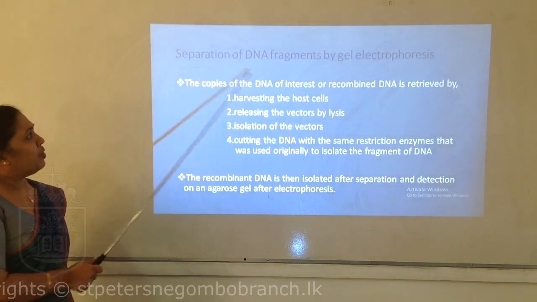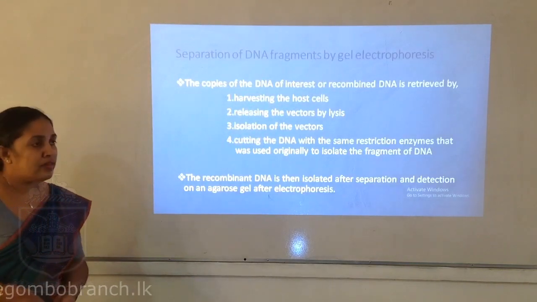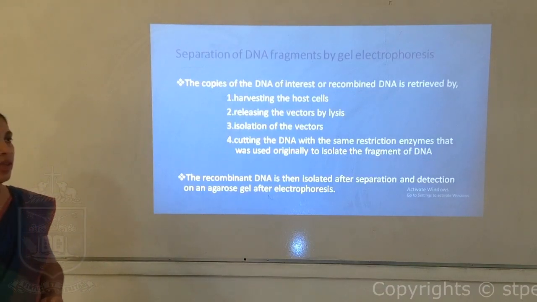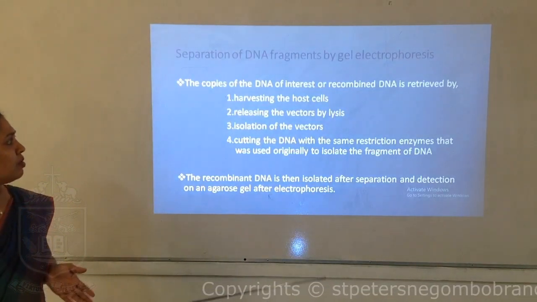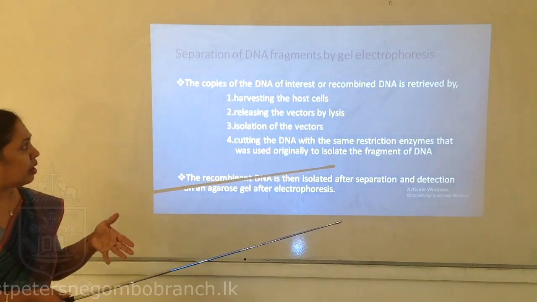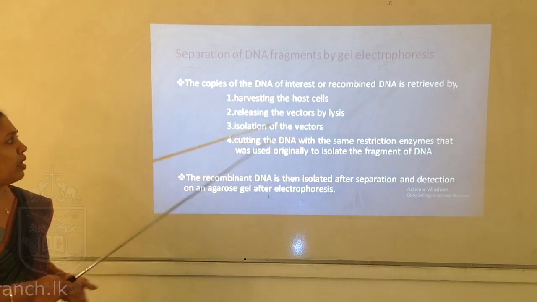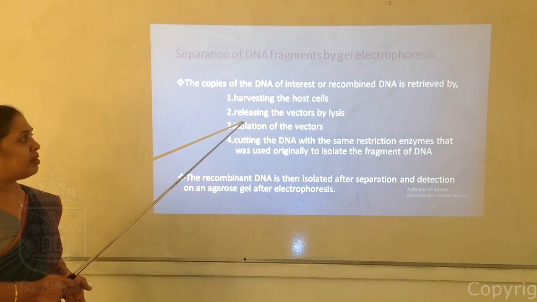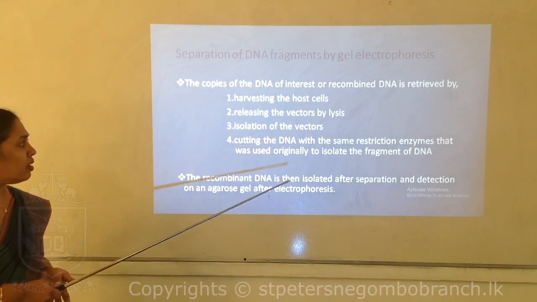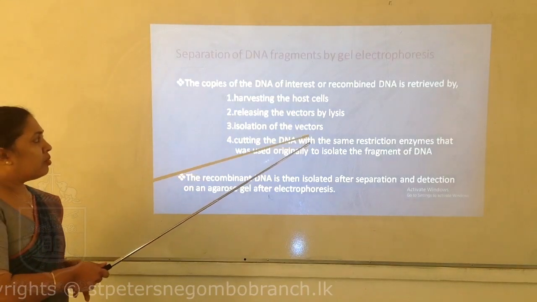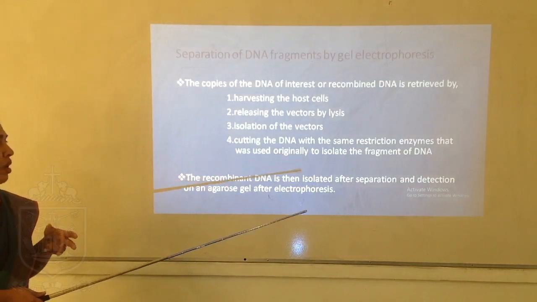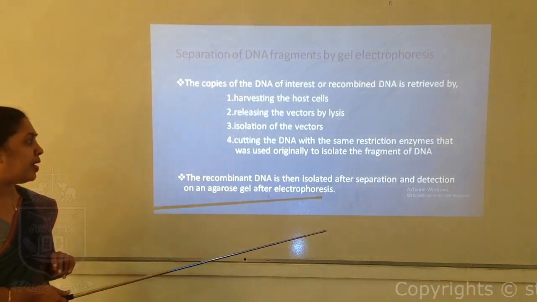So this is the separation of DNA fragments by agarose electrophoresis. It is also another technique which we are using. When we ligate the DNA fragments with the DNA of interest, or recombinant DNA, we can retrieve them by harvesting the host cell, or releasing the vectors by lysis, or isolation of the vector using different laboratory techniques, or cutting the DNA which we formed using the same restriction enzymes, and we can isolate it using another set of laboratory techniques.